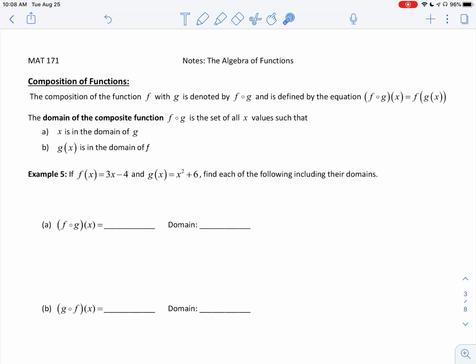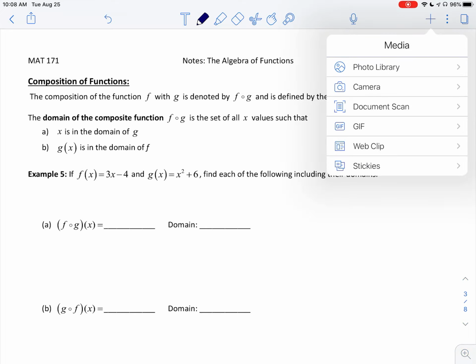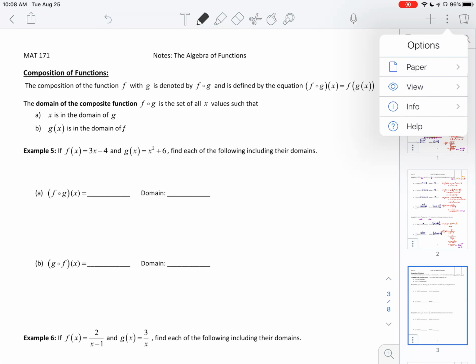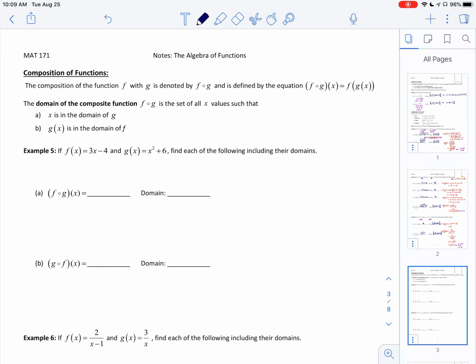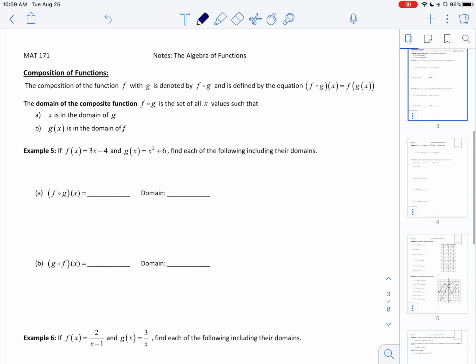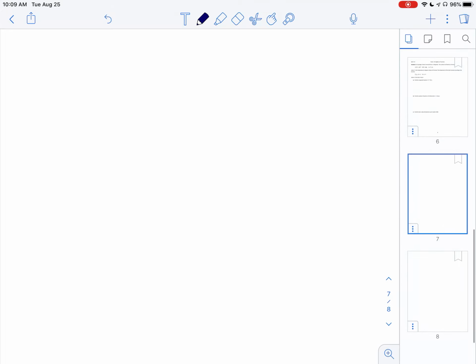So remember, just for a second here, our function notation. Let's say just real quick that I had the function f of x is equal to 3x minus 4.